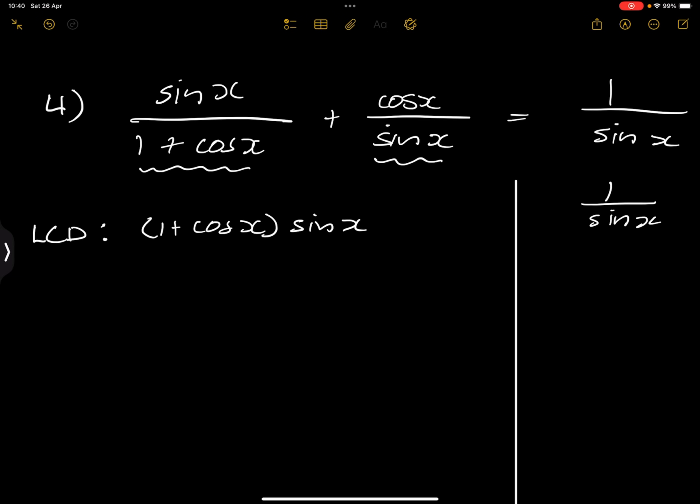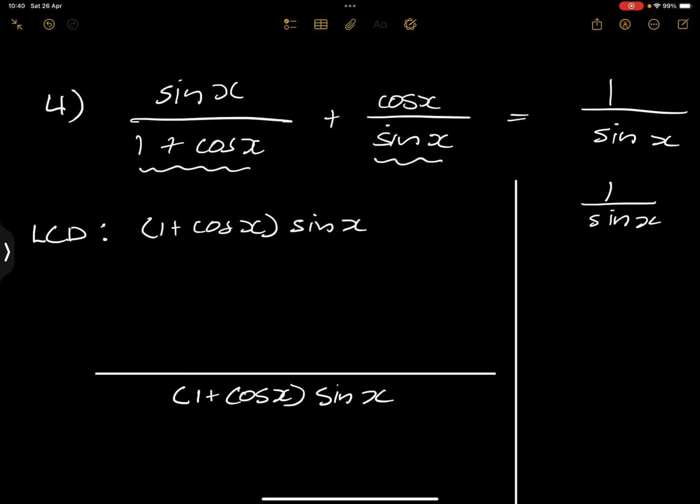Now what I said to you, whenever we are adding fractions, please remember, I'll have the LCD as my denominator. So that's 1 plus cos of x, all right, multiplied by sine of x. Now, you take the LCD and you multiply it into the fraction, right?